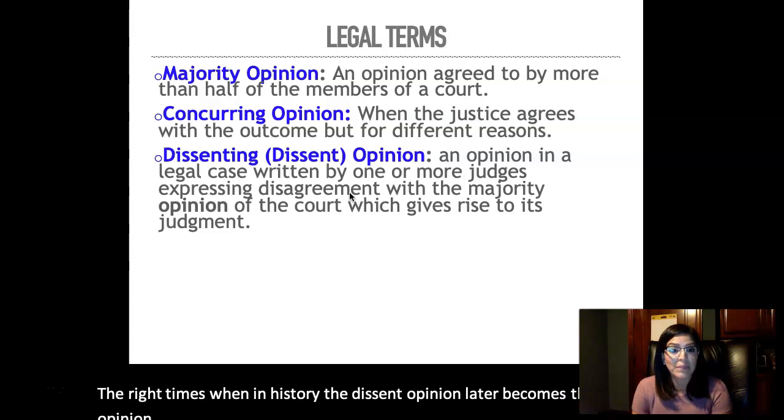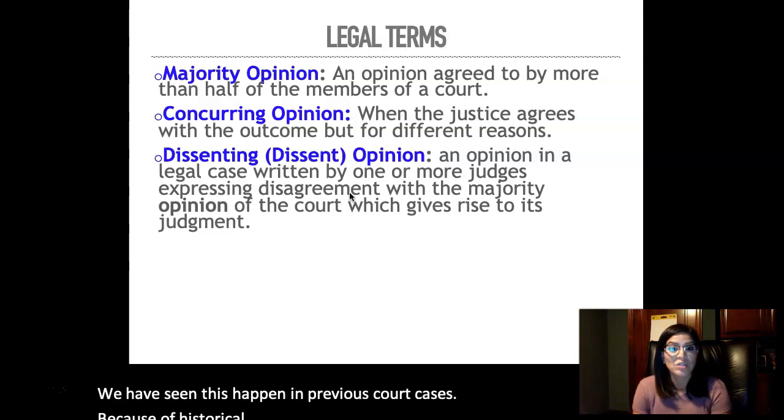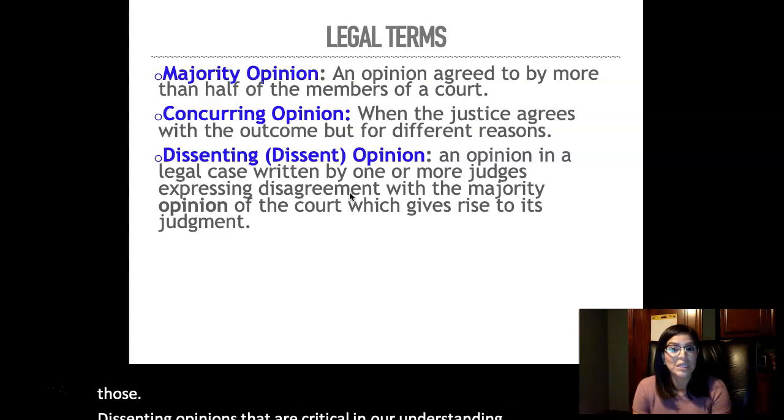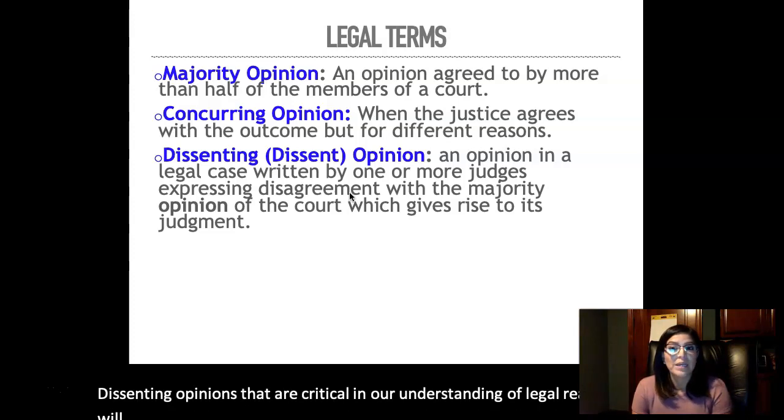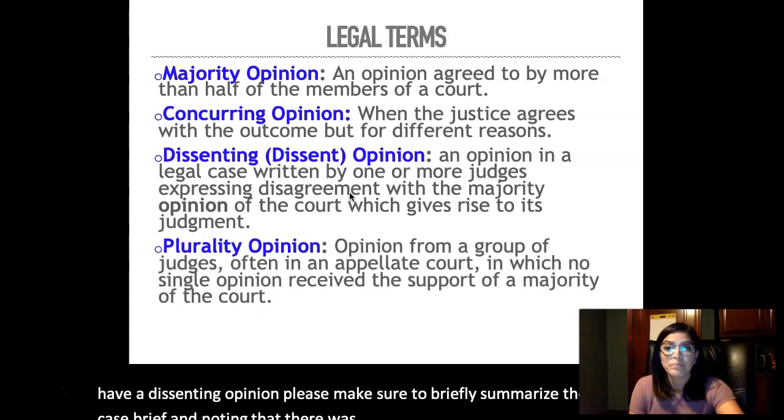We have seen this happen in previous court cases because of the historical context of the times. And so when we have those dissenting opinions that are critical in our understanding of legal reasoning, we will talk about them. If in any of the cases that you are assigned to read you have a dissenting opinion, please make sure to briefly summarize it in your case brief, noting that there was a dissenting opinion.